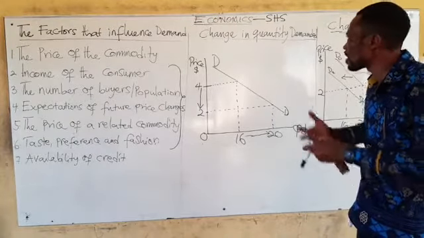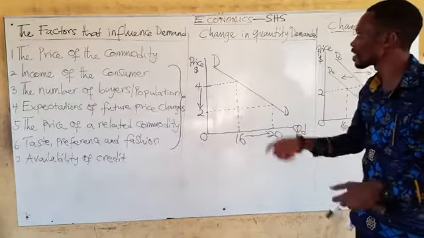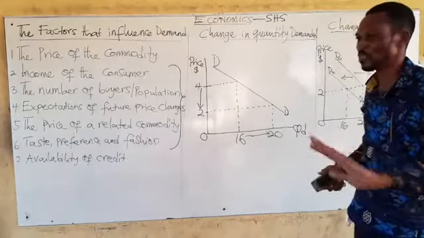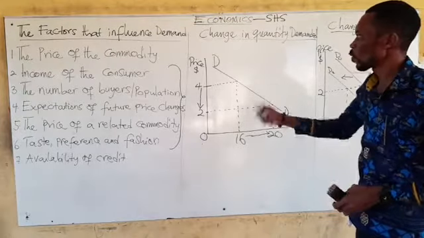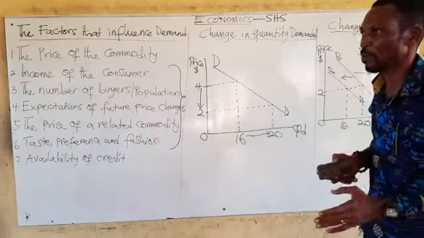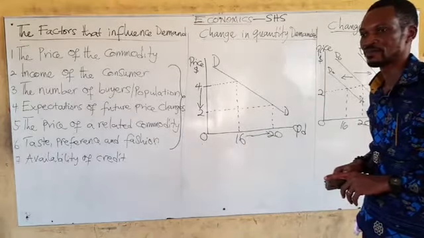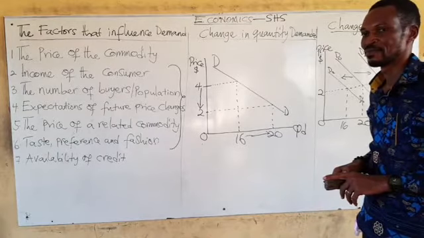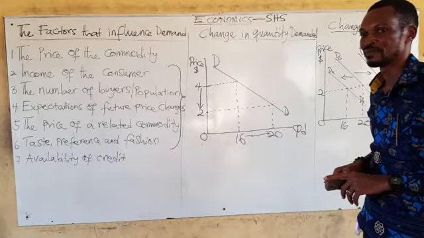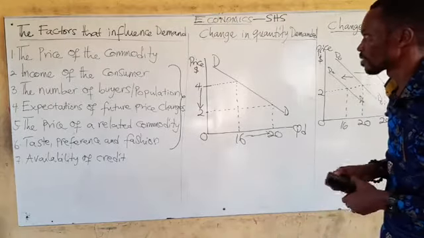So what is change in quantity demanded then? I believe you should be able to give the definition. It's caused by the price of the commodity. So how do we define it? Think through and see if you can come up with any definition. I hope you are able to come up with something.